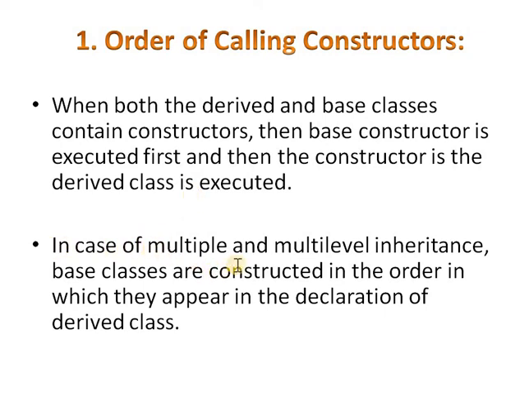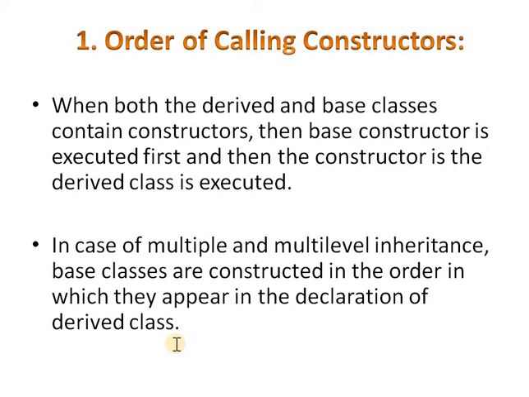In the case of multiple and multi-level inheritance, base classes are constructed in the order in which they appear in the declaration of the derived class. That is, in the order in which the base classes are declared, the constructors of those classes will be executed.